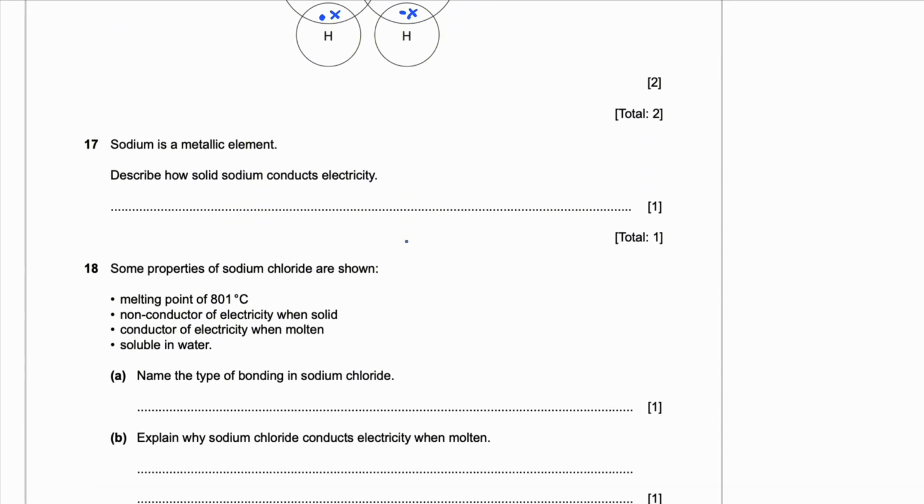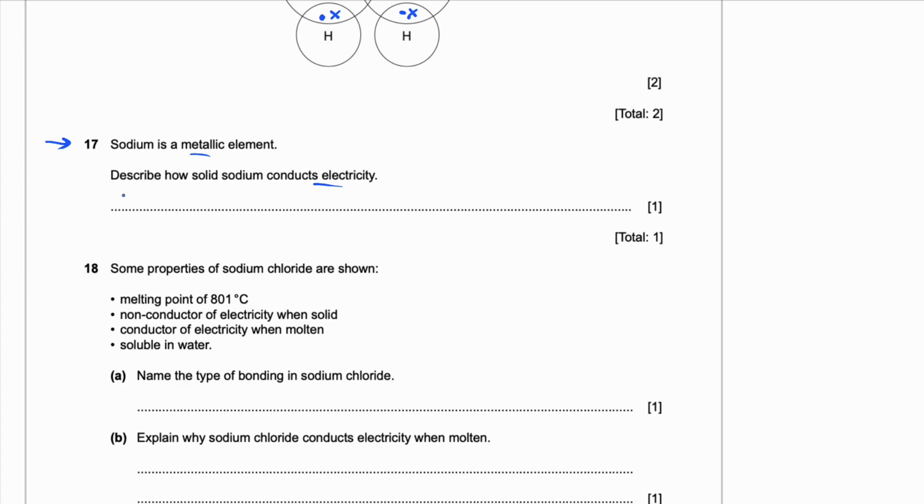The next question, question 17. Sodium is a metallic element. Describe how solid sodium conducts electricity. Remember, conduction of electricity is due to having mobile electrons or mobile ions. Since here we don't have mobile ions in the case of a metallic element, it's just because of having mobile electrons.